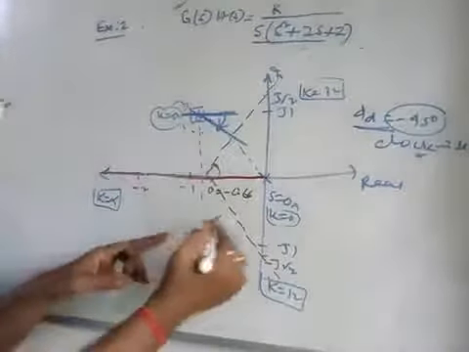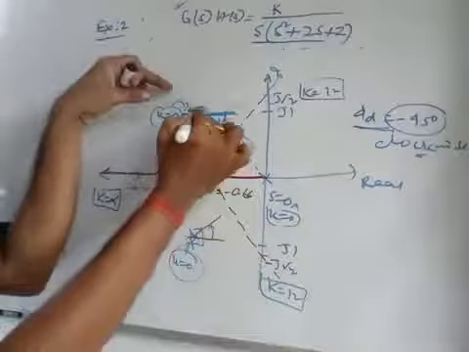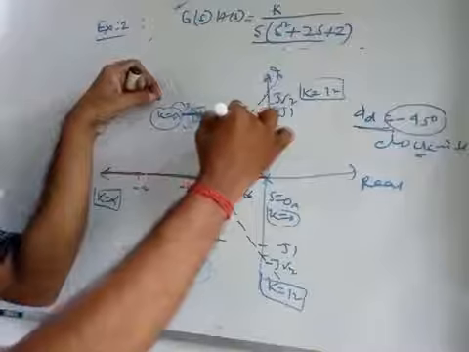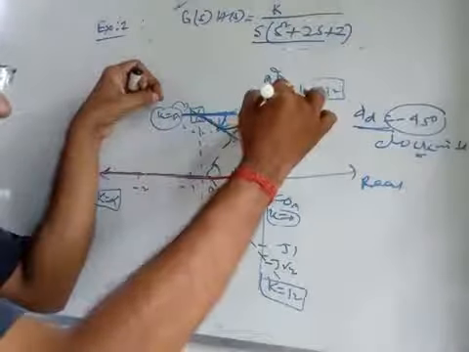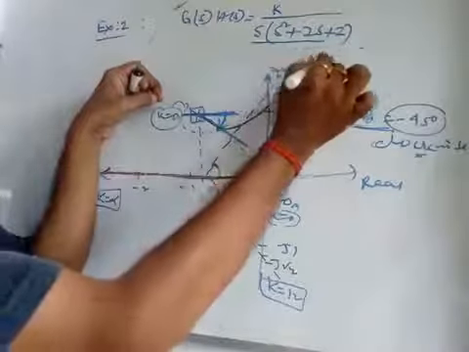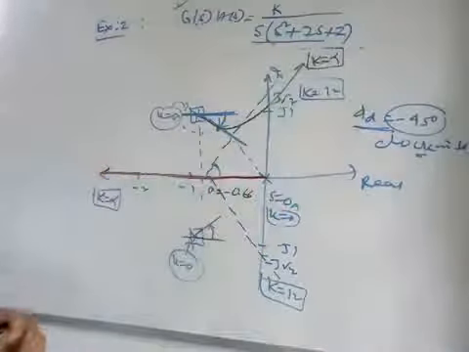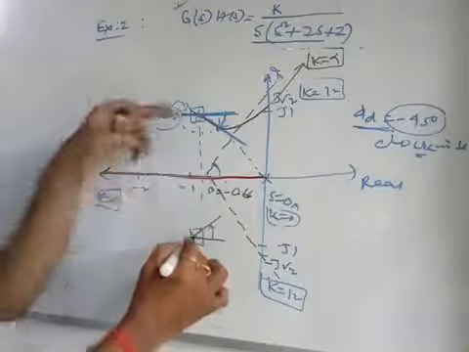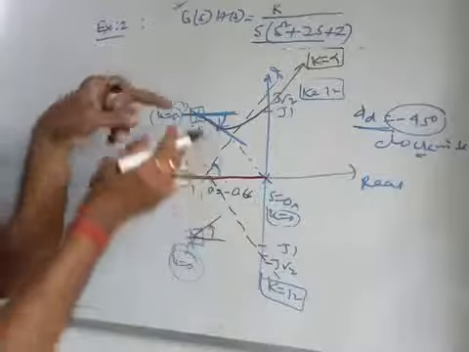So this is the path. This root will originate along these directions, move along this asymptote, and finally go through the j omega axis to infinity, where the value of k is equal to infinity, right? Similar to that, this point, and not only this angle criterion, automatically there will be symmetry.